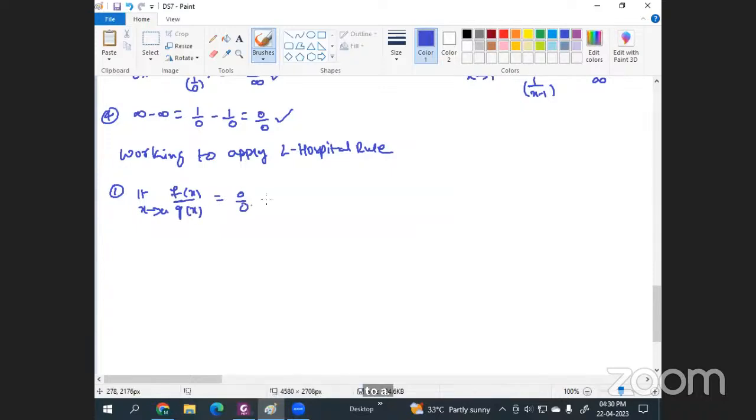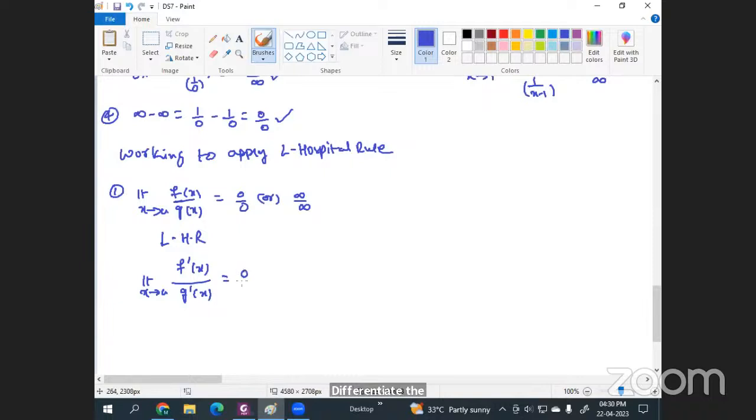If we get 0 by 0 or infinity by infinity, then apply L'Hopital rule, that is, differentiate the numerator, differentiate the denominator.